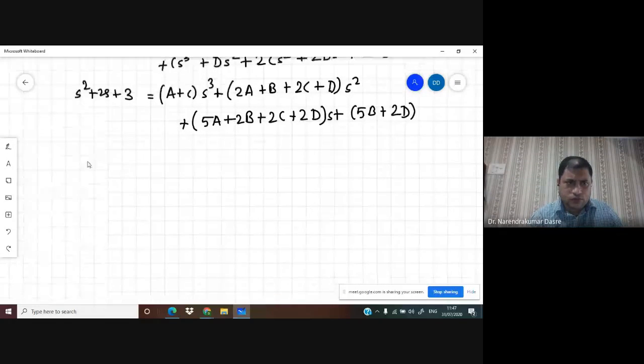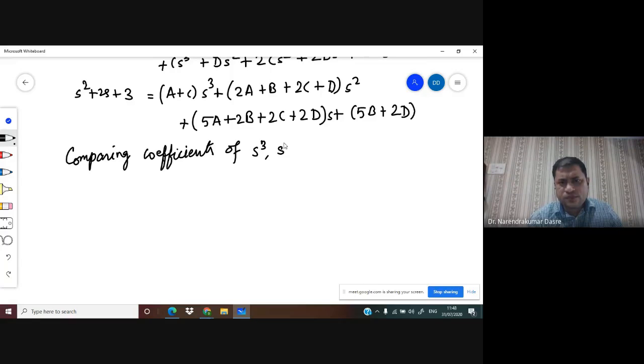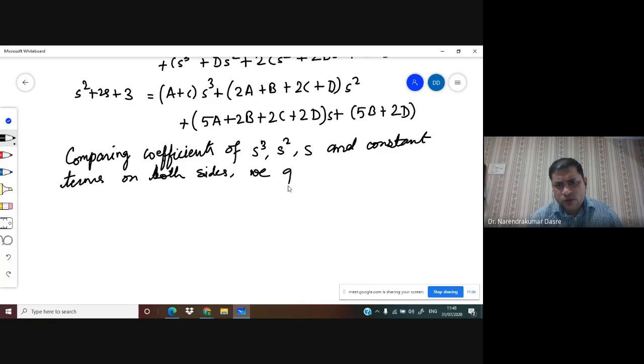Now comparing coefficients of s cube, s square, s, and constant terms on both sides, we get the following.